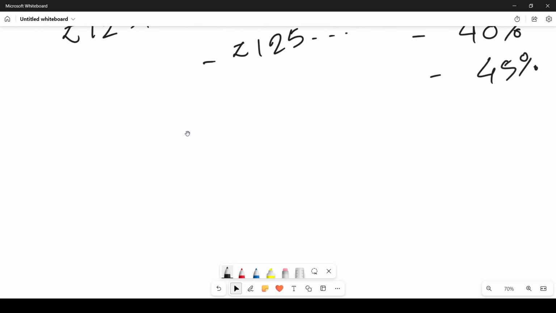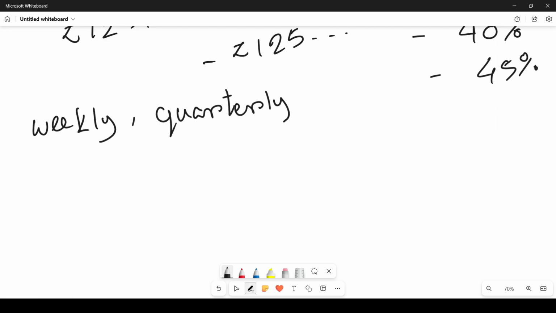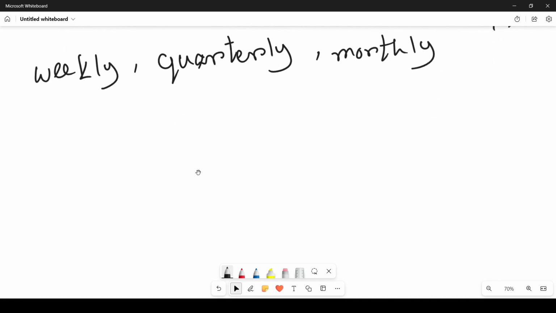So what do I mean by that? So you can get your salary either weekly or maybe quarterly or monthly. So in any way, if you are on an hourly basis, let's say you work for £12 per hour, right?